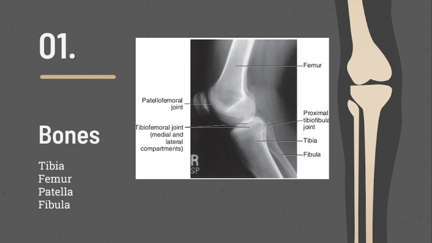Although recent studies have discovered that the knee joint allows for abduction and adduction, which is valgus and varus stress, and external and internal rotation, which we will discuss in the screw home mechanism later in this video.